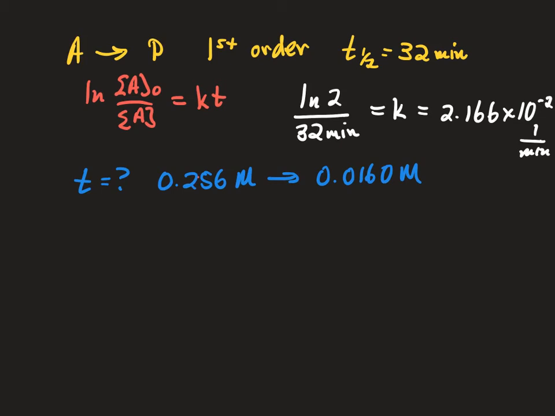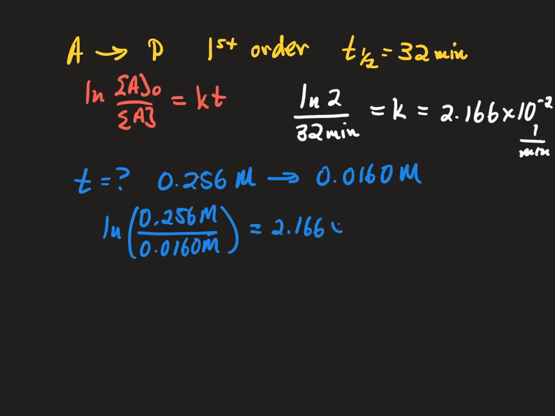So you have the natural log of 0.256 molar divided by 0.0160 molar, and remember, that's all in parentheses. We're taking the natural log of that whole fraction, is equal to our K, which is 2.166 times 10 to the minus 2 per minute, times our elapsed time that we're trying to solve for.